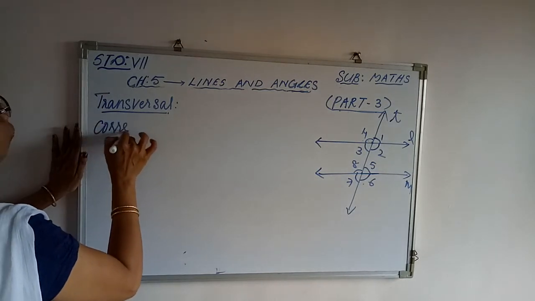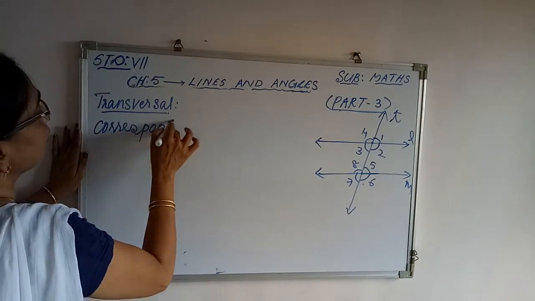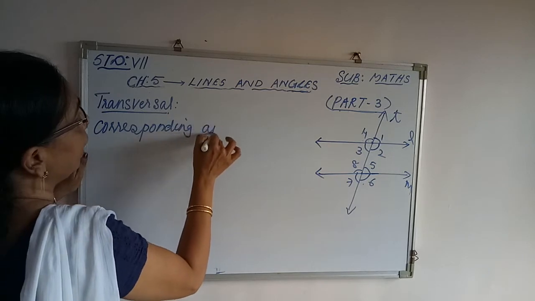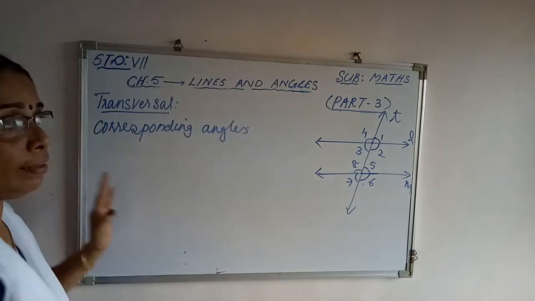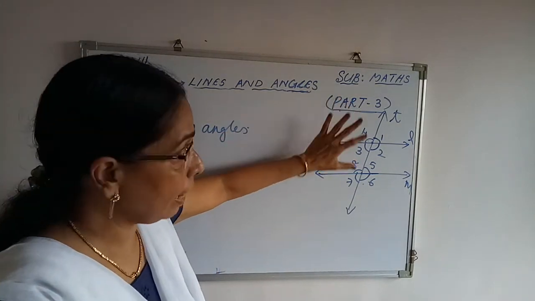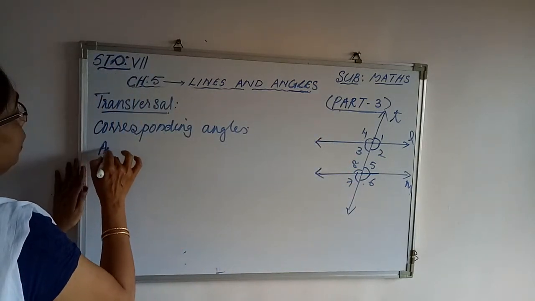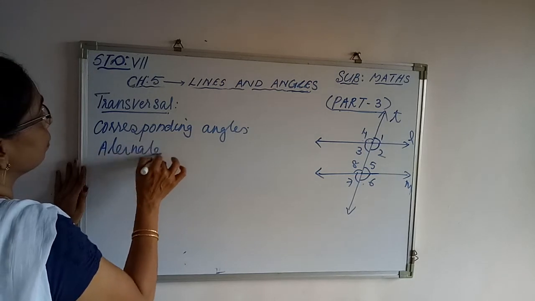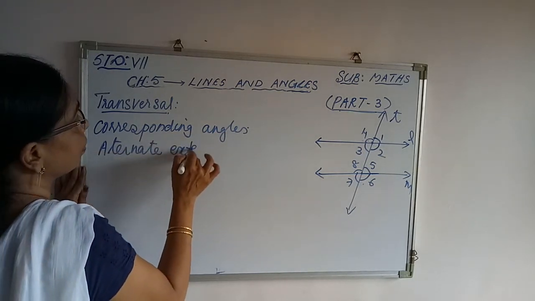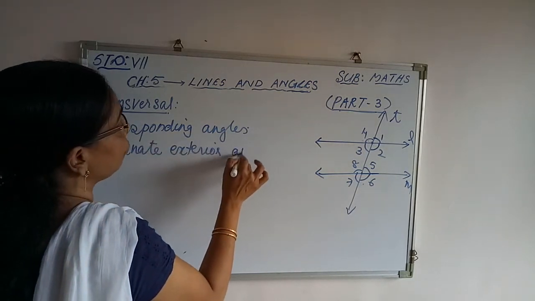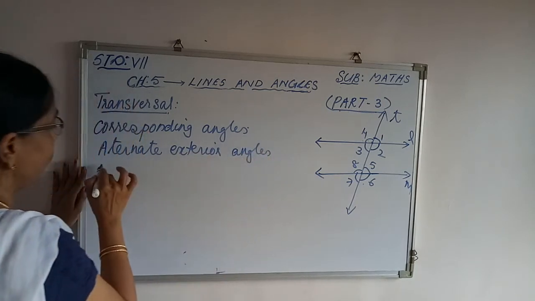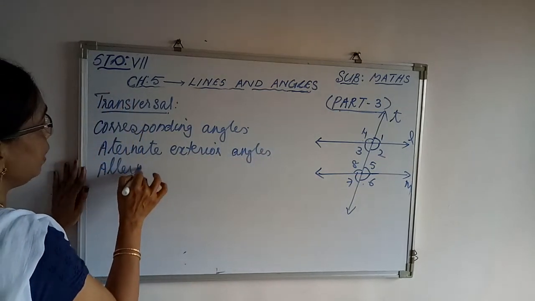First, what I told, corresponding angles. Second, exterior angles and interior angles. And in exterior angles, we can write alternate exterior angles. Then in the same way, alternate interior angles.